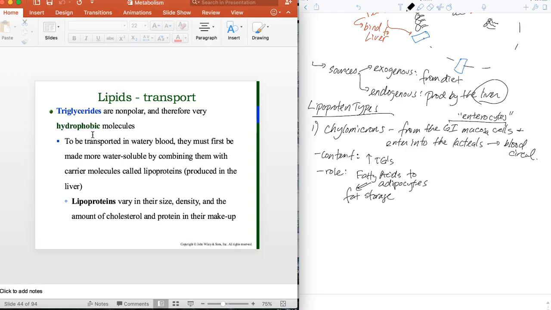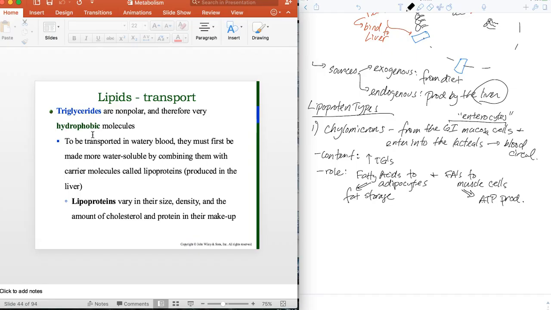And then also deliver some of the fatty acids, FA is fatty acids there, to muscle cells. And that'll be for what? Potential ATP production.